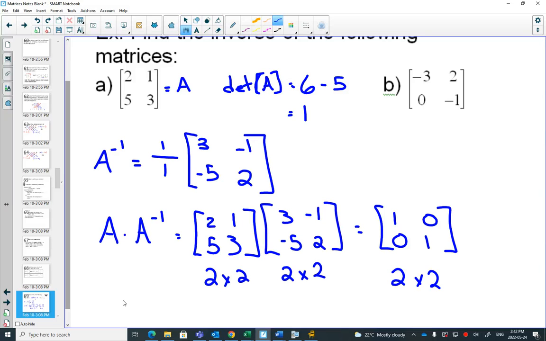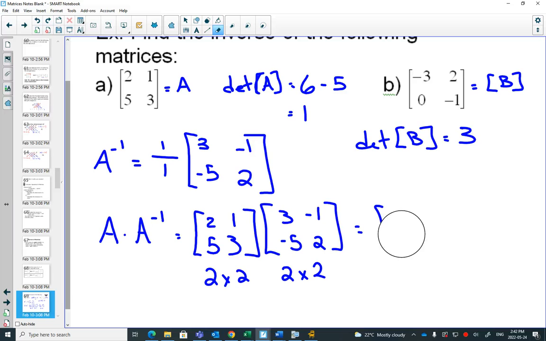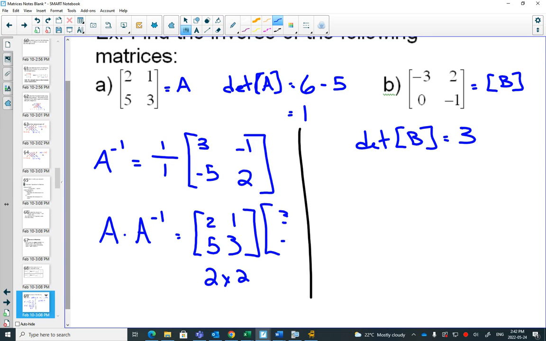So if we look at our second example, can you see the determinant? If I call this matrix B, the determinant of matrix B would be 3. So B inverse would be 1/3.